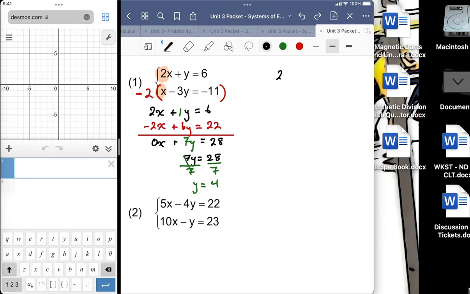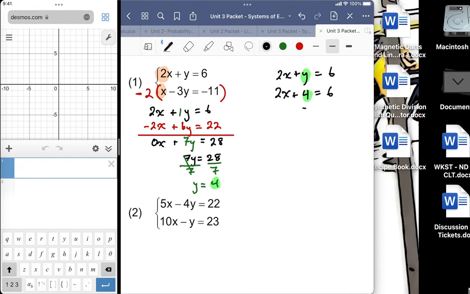Okay. So 2x plus y is equal to 6. Just like substitution, once you figure out one of the two variables, we then choose one of the two original equations. You go back to where we started and choose one of the two original equations. We now know that y is equal to 4, so I can replace the y in my equation with a 4 and solve.